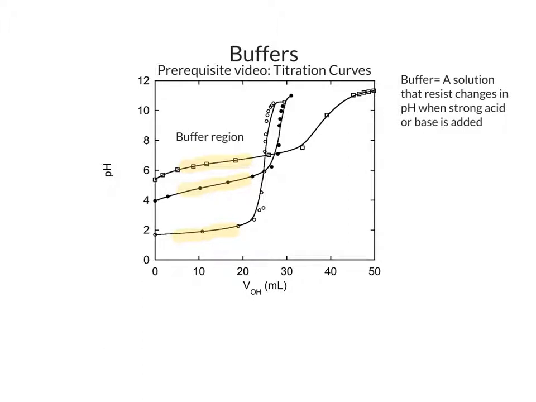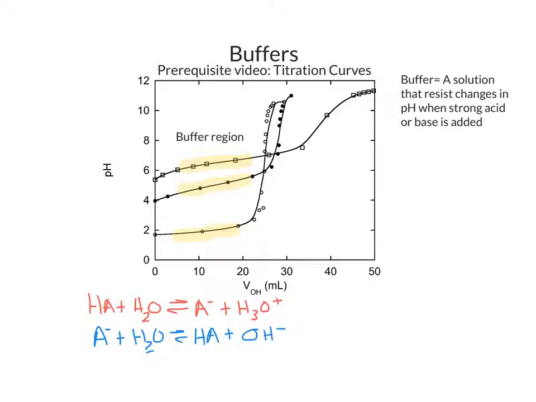Recall that in the buffer region, we have both the acid ionization reaction to form the conjugate base and H3O+, as well as the base hydrolysis of the conjugate base occurring, which forms the conjugate acid again, and OH minus.